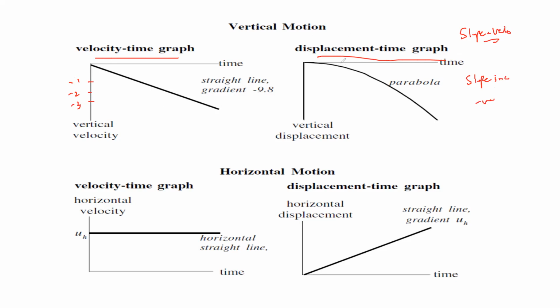You can clearly see the angle with the x-axis is increasing, and when we take y1 and y2, y1 is above y2, so it will be negative. But for horizontal motion, as the velocity is constant, the slope should be constant. And how do we represent a constant slope? It will be a straight line passing through the origin.